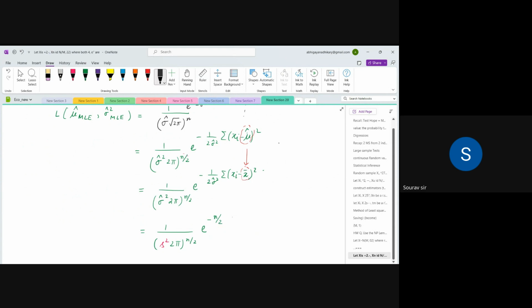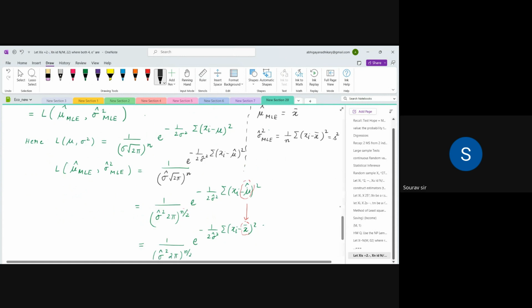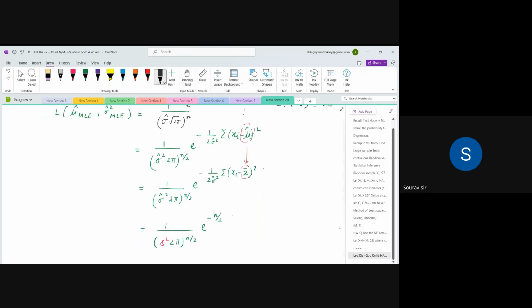Why so? Because what is summation xi minus x bar whole square? This is n s square. And you will be replacing this sigma hat square in the power with s square. So that will cancel out and you will be left with minus of n by 2. Okay, can all of you confirm if you understand this calculation? Is it fine?